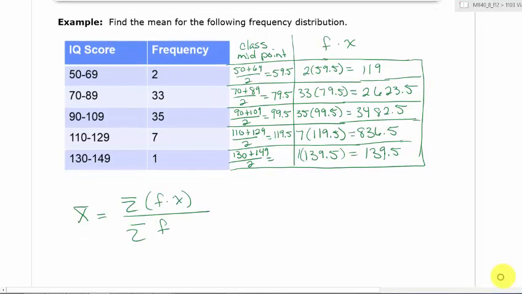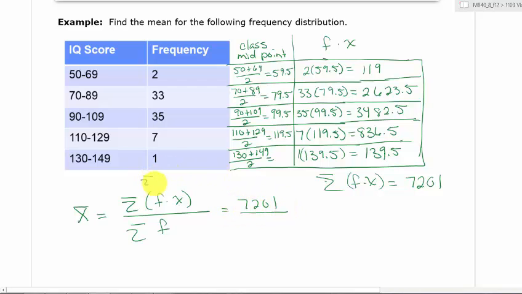So 119 plus 2,623.5 plus 3,482.5 plus 836.5 plus 139.5. Oops, that's a bad summation symbol. There we go. So that gave me 7,201.